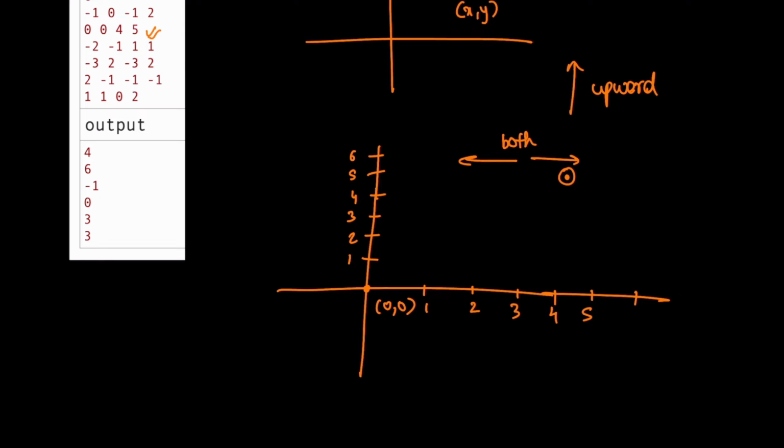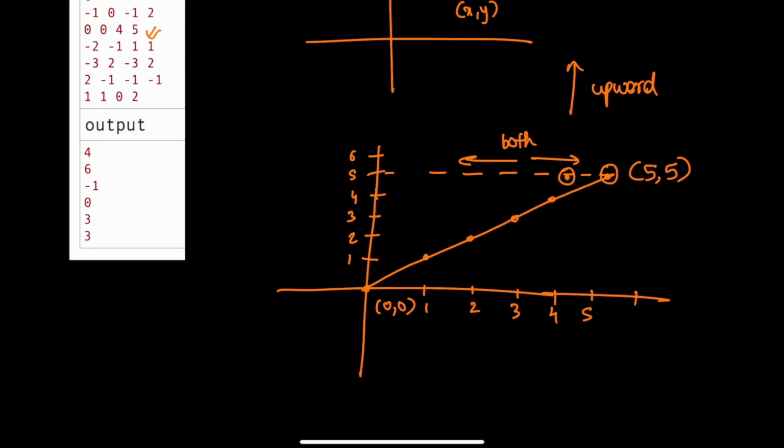So we need to go till the point 5. So we'll go till 5, 5. So from here to here it will require us 5 moves. Right, so we'll reach 5, 5. Now we can go one step backward and make it 4, 5. So the moves required were 6. Right, so 6 moves are required.